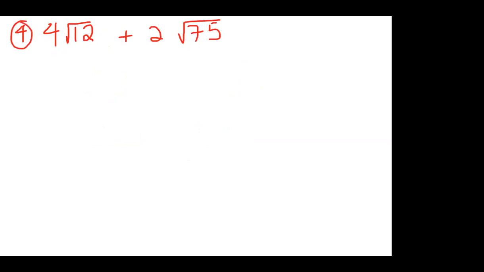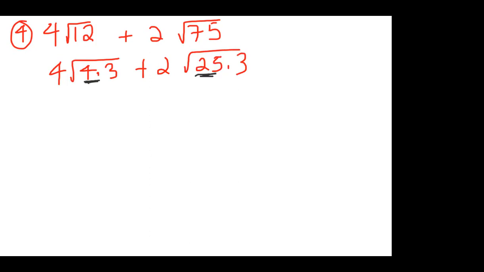Again, you have to simplify the radicals. 12 is 4 times 3. 75 is 25 times 3. You want to go ahead and take the square root of the perfect squares. I like to underline them, guys, so I know exactly what I'm going to take the square root of. So here, I take the square root of 4, that's 2. The 3 remains under the root.